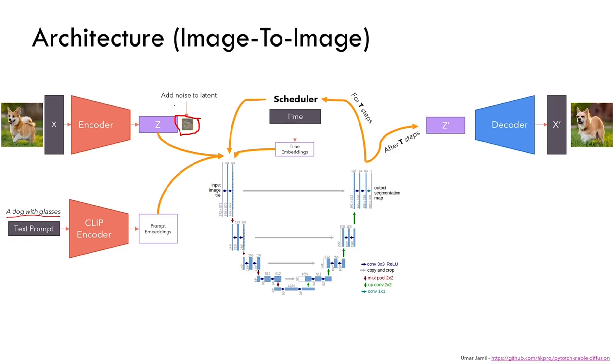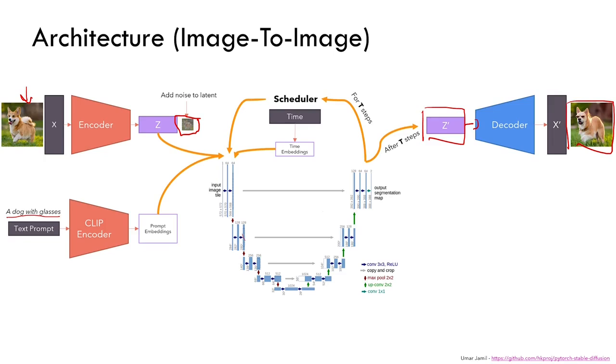So the amount of noise that we start from indicates how much we want the model to pay attention to the initial image here. And then we give the prompt. For many steps, we keep denoising, and after there is no more noise, we take this latent representation, we pass it through the decoder, and we get the output image here. And this is how image to image works.